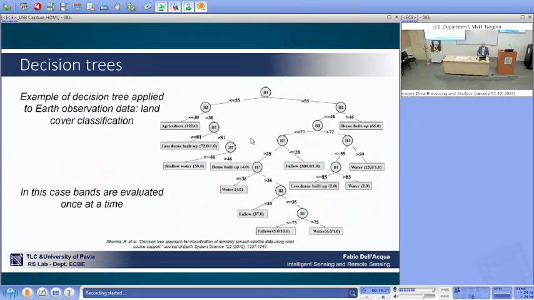So there's not really much, but this is an example of a decision tree that I took from classification, so from a scientific paper, which can be used to give you an idea of how a decision tree is used in Earth observation.